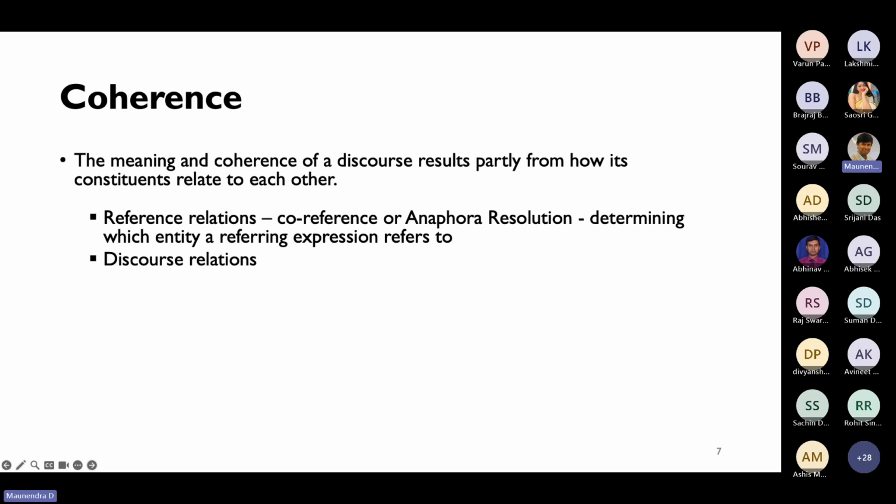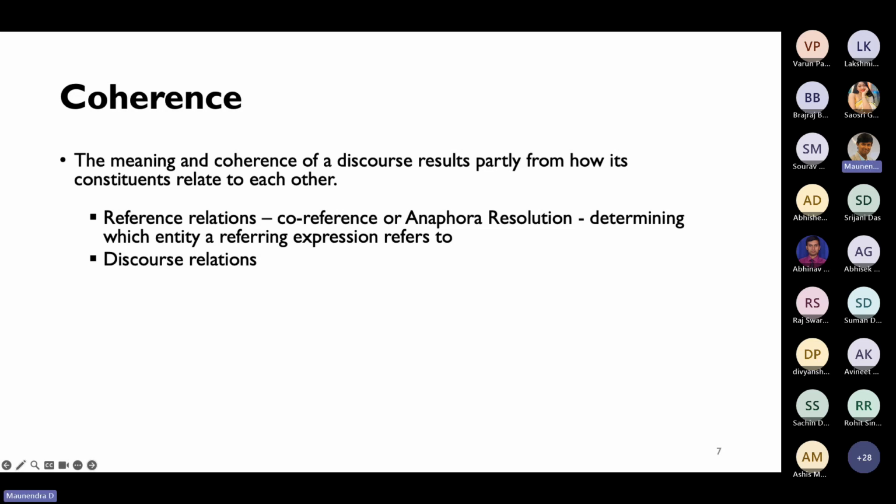Okay, now the meaning of coherence. The meaning and coherence of a discourse results partly from how its constituents relate to each other. If you have a discourse, which is a passage, say, its constituents will be the individual sentences and parts of sentences, the clausal structures, and so on. Now, how do they relate to each other? In that passage there will be many reference relations.